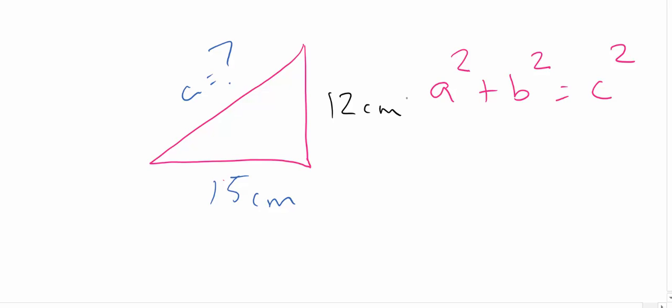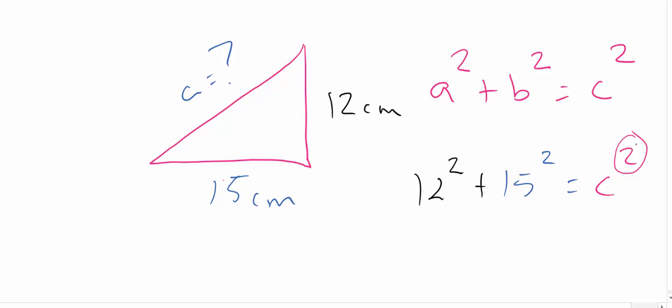If I put these values into this formula, 12 squared plus 15 squared is going to equal my C squared. Now I have to get this squared out of here. I can't have my answer being squared.